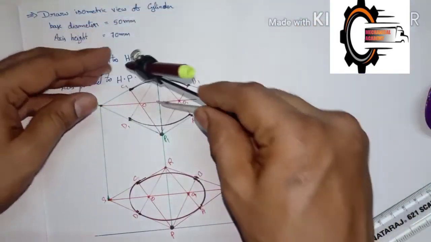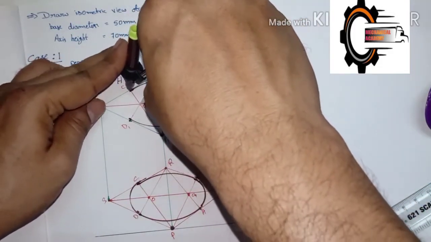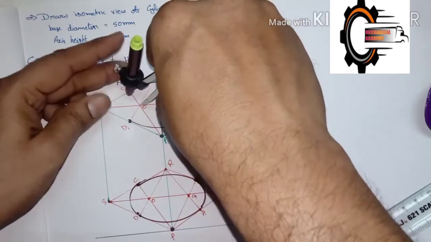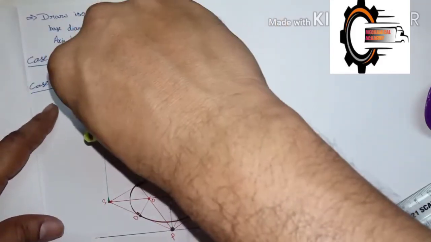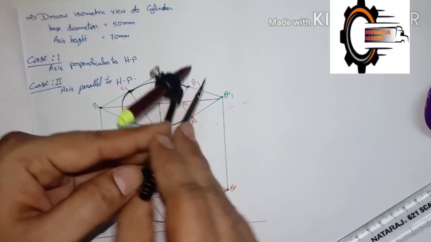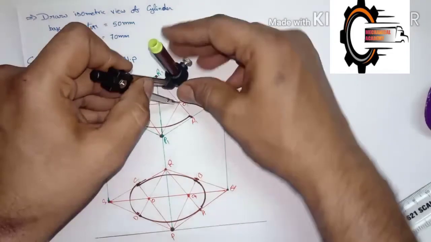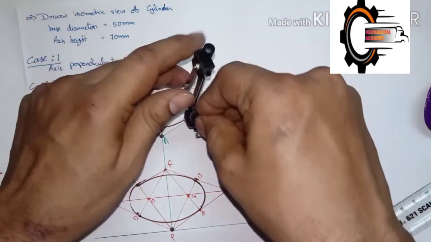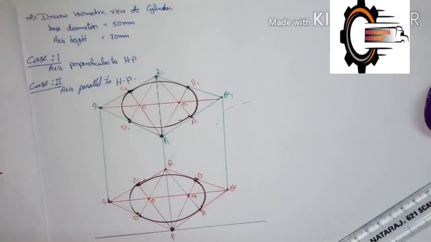Now from O as the center to C1, draw an arc. Similarly from O1 to B1, draw the arc. So the bottom circle and the upper circle are done.